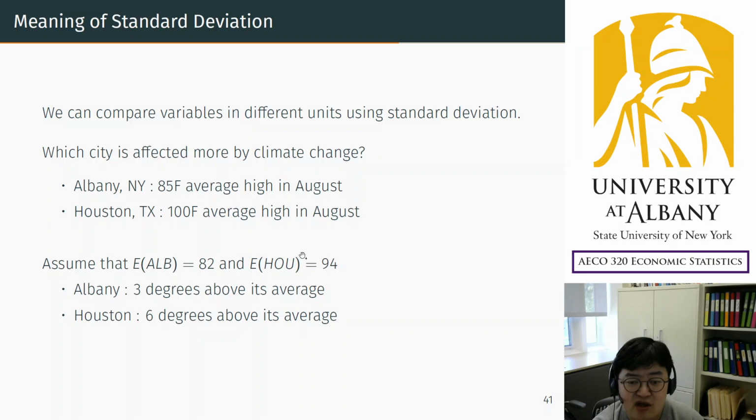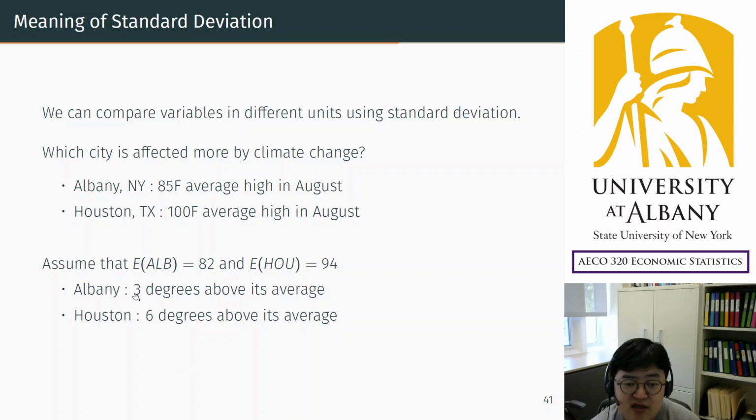Okay? So then what we can say here is, Albany was 3 degrees hotter than its 100-year average, and Houston was 6 degrees above its average. Okay, so far it is right, but what I want to tell you here is you may add another measure.